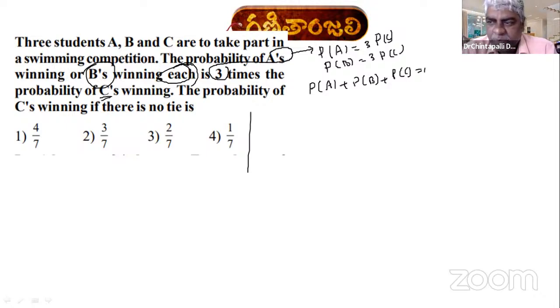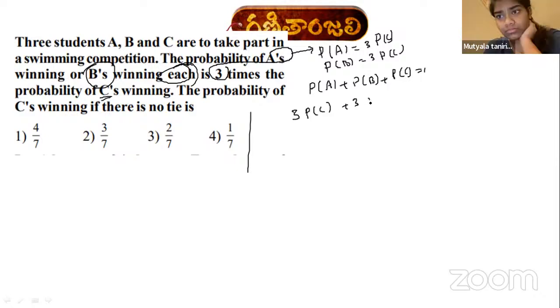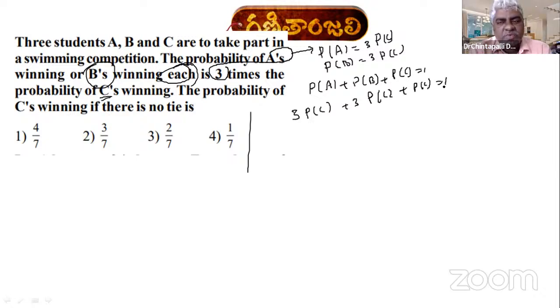Now we can replace the probability of A by 3 times the probability of C, and the probability of B by 3 times the probability of C. So 3 times P of C plus 3 times P of C plus P of C is equal to 1. Now continue and get the answer.